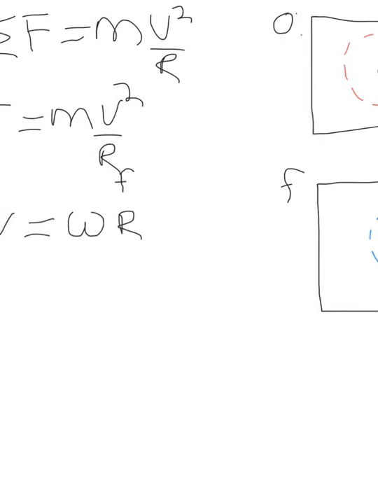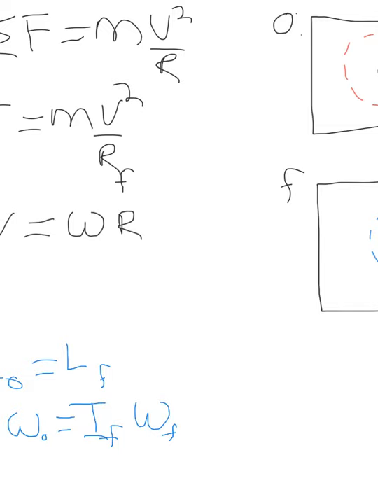I'm going to be using the idea eventually that the angular momentum initial, L initial, equals the angular momentum final. So really the I of the system in the initial situation times the omega in the initial situation, which is given to us, is going to be equal to the I final multiplied by the omega final.